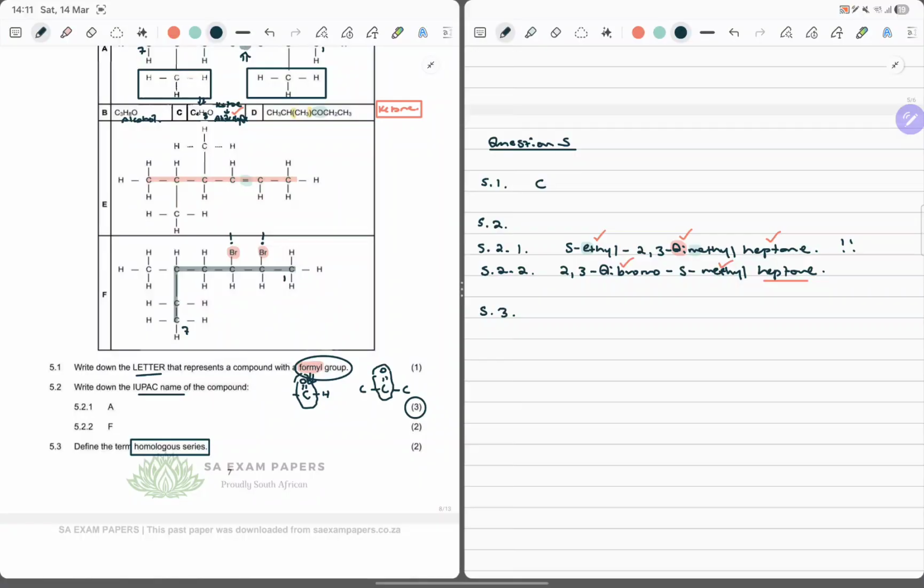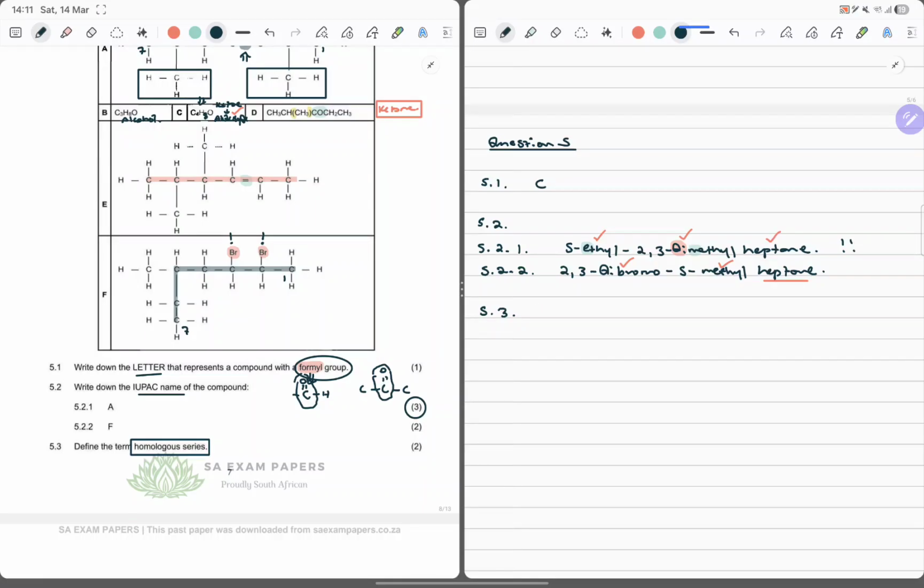But I think for the sake of avoiding a definition within a definition, because remember functional group can be defined as well, let's rather, for being exact, avoid using a definition within a definition.